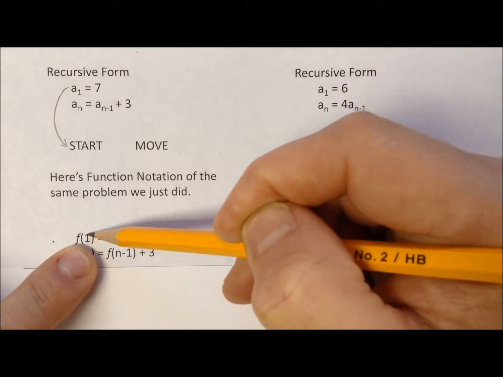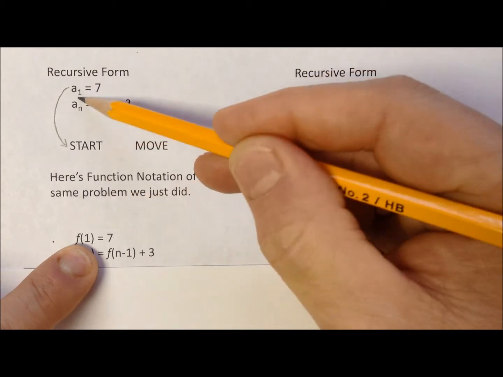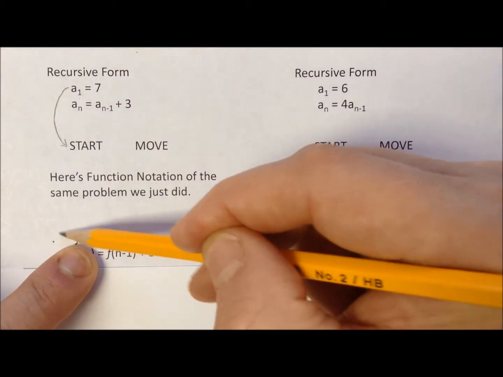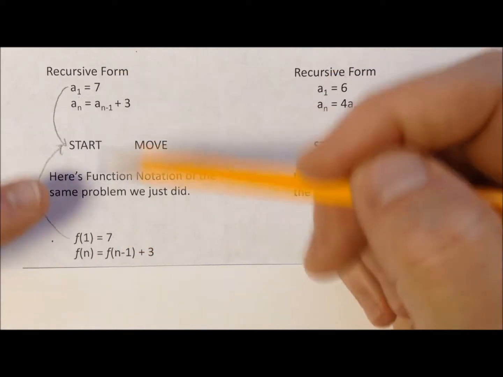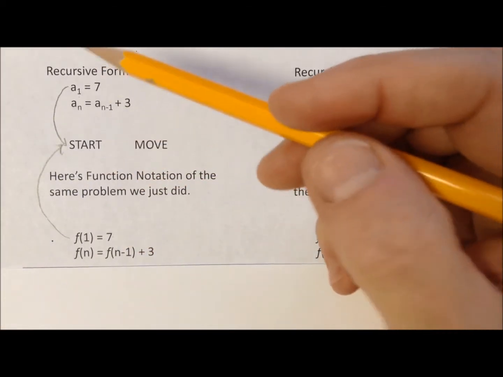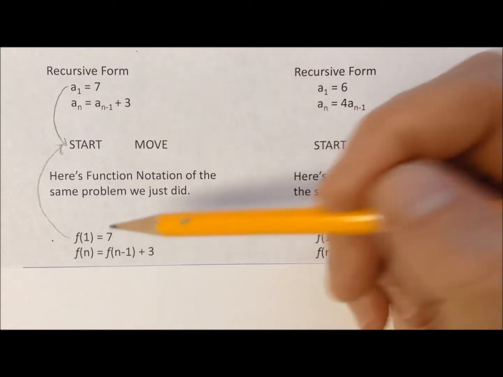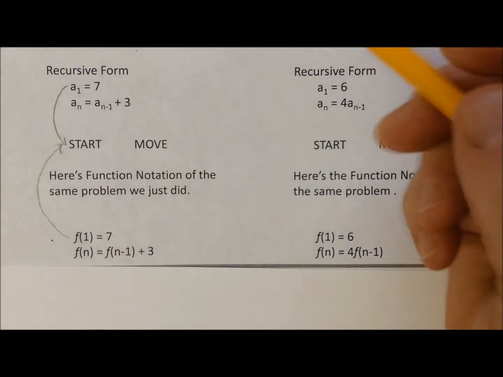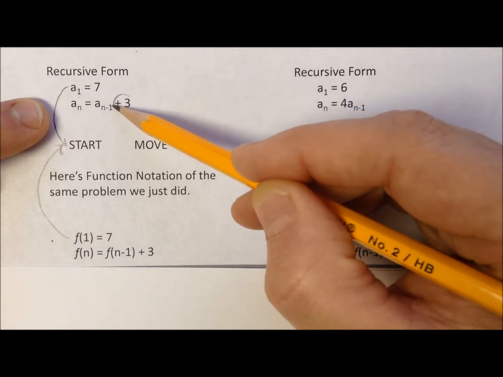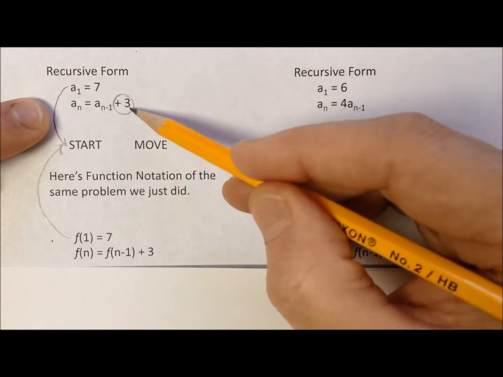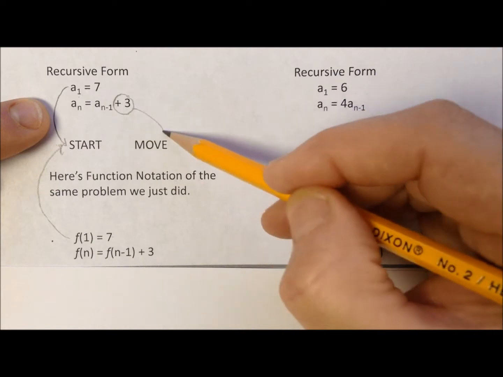Yes, I can. My first position is going to give me 7, just like it is up here using subscripts. So, all right, if you want to give me function notation, I can still get the ordered pair 1, 7 as my starting position. Okay? The second equation in recursive form told me how to move. Well, this has told me to add 3. That's what this told me.